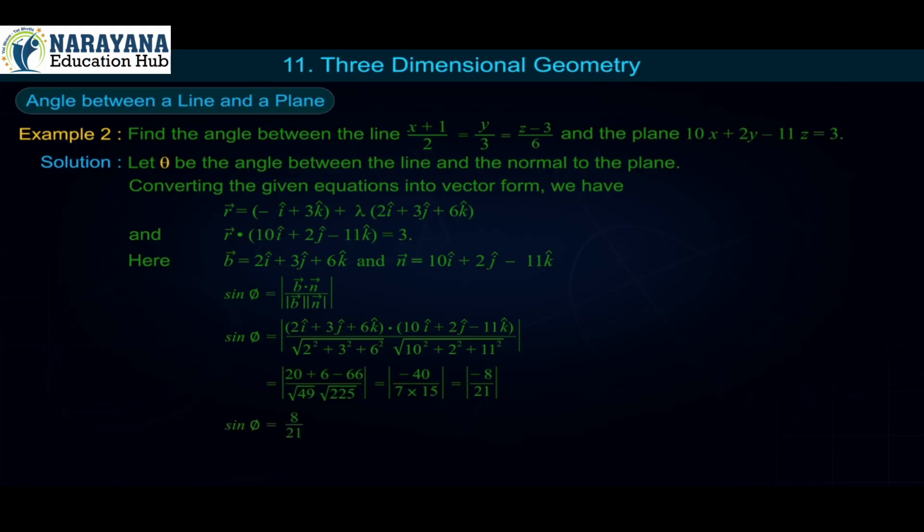Sin φ = 8 upon 21. Therefore, φ = sin inverse 8 upon 21.